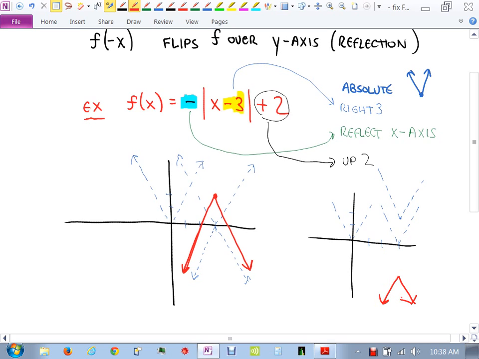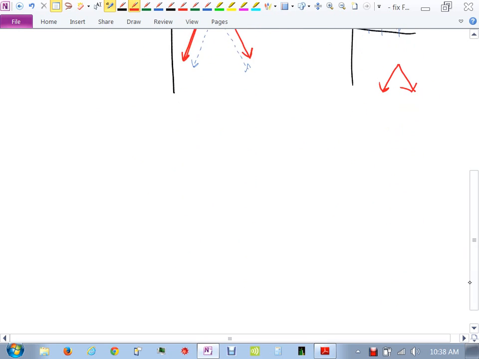Here's what I'd like for you to do. Page 237. I was going to give you some group work today, but there's just not quite enough time. 237. Try 31 and 33.